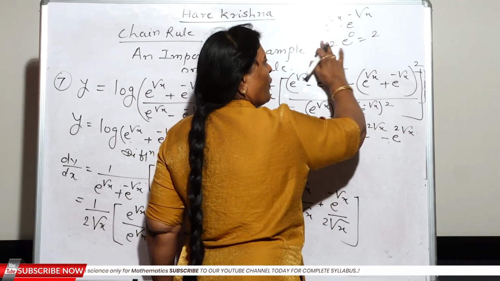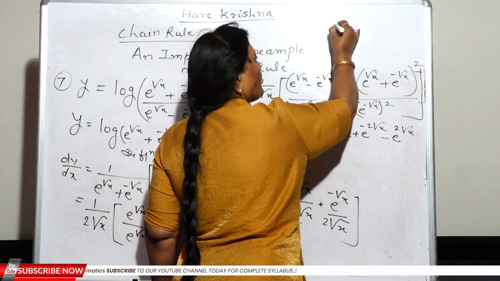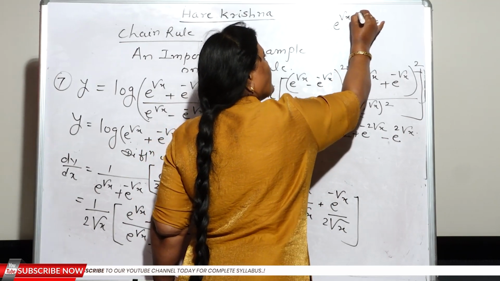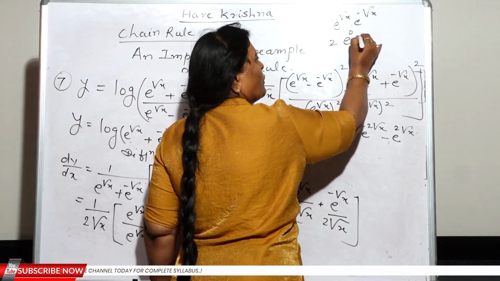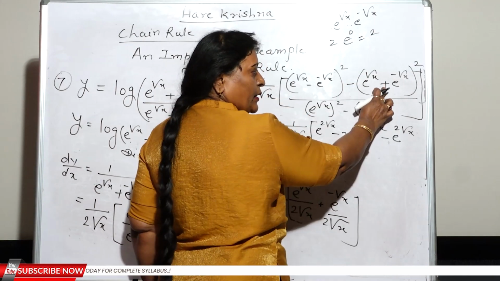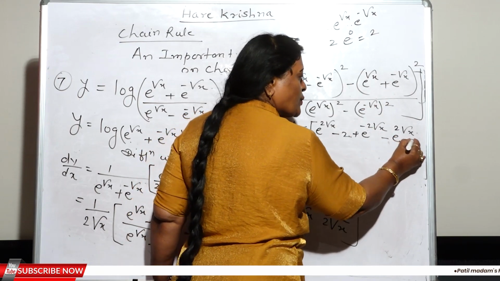Again the middle term you have got is twice the multiplication of the two terms, 2 into e raised to root x into e raised to minus root x. Again the base is the same, so you can add the indices, e to the power 0 and 2. Here the middle term you have got 2, but when you multiply with the minus sign, minus 2.